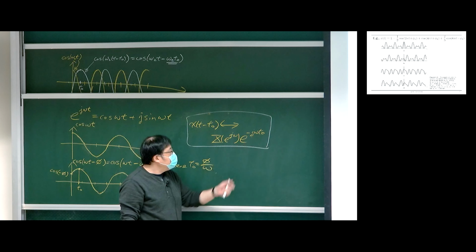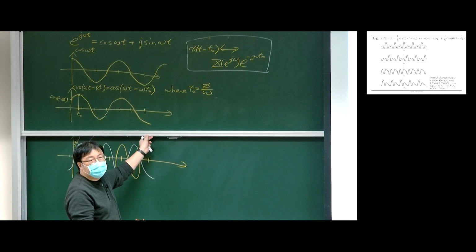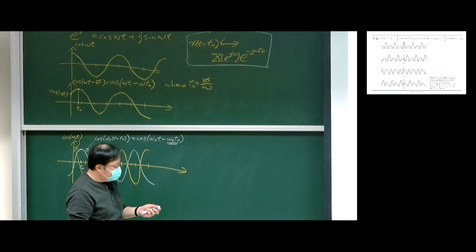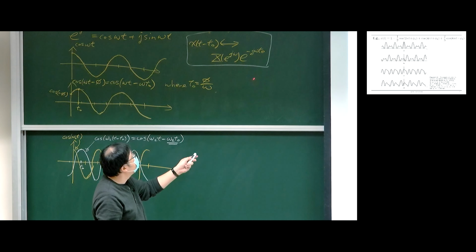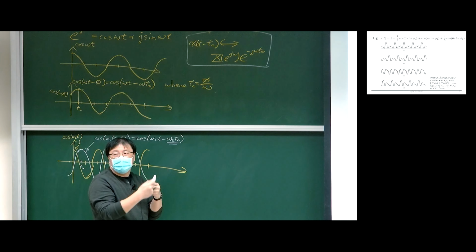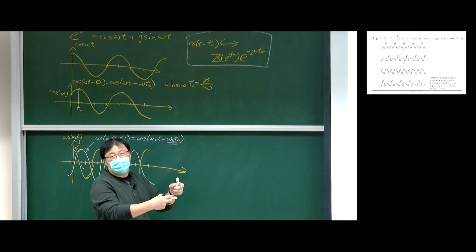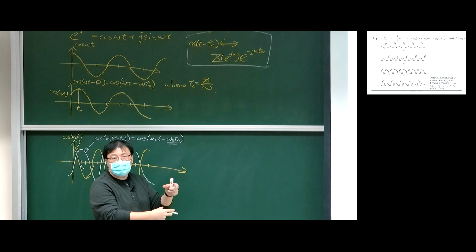If you have two frequency components, let's say omega 1 and omega 2, that do not have corresponding phase shifts equal to omega 1 t naught and omega 2 t naught, then these two frequency components are delayed differently in time. So when they are delayed differently in time, they do not add together the same way as they did originally.